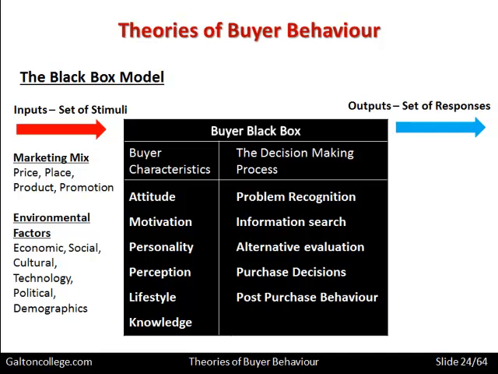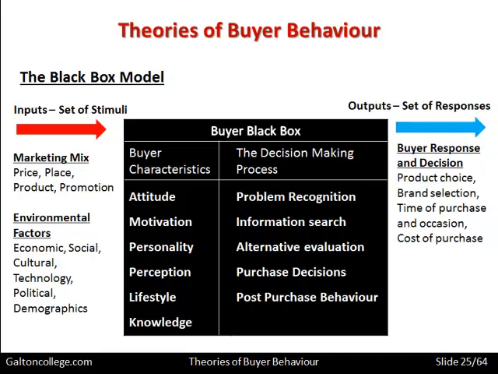Then there's going to be a decision-making process somewhere in our minds. And out of this, we'll get the set of outputs on the right-hand side. The buyer response and decision, product choice, brand selection, time of purchase and occasion, cost of purchase. So we have the outputs. What are we looking for precisely, and how have we refined all of the information coming in? You can see that the whole process is extremely complex.